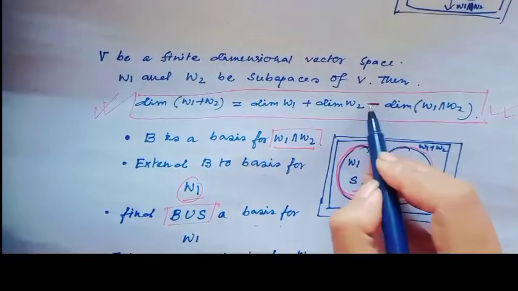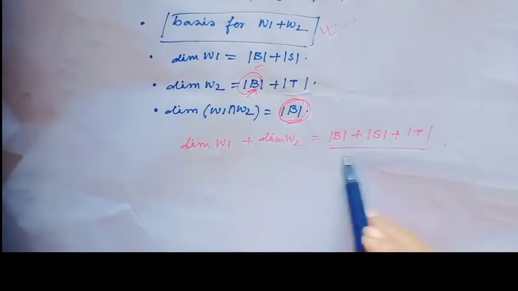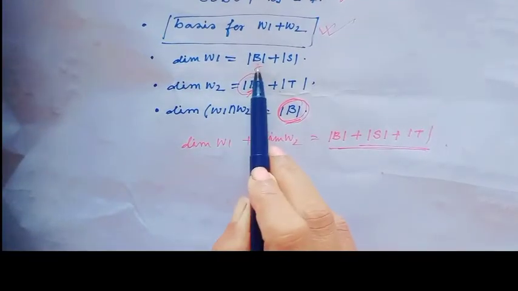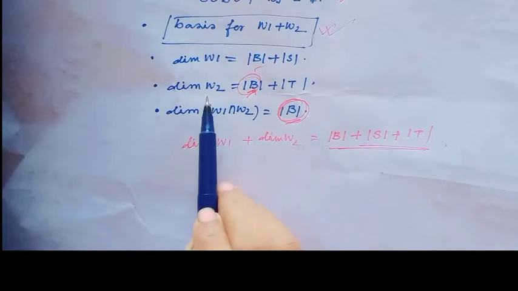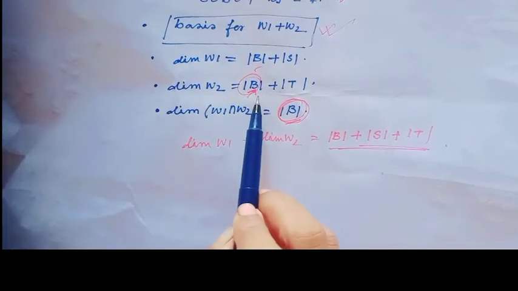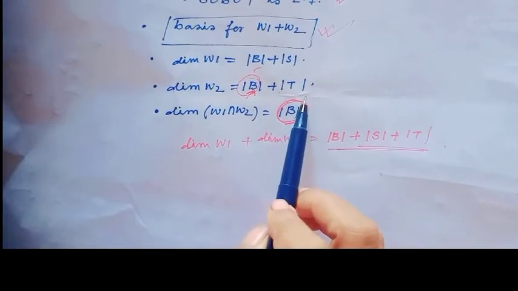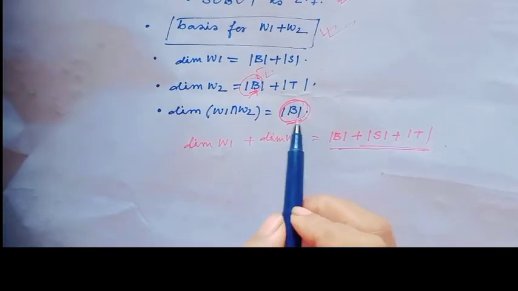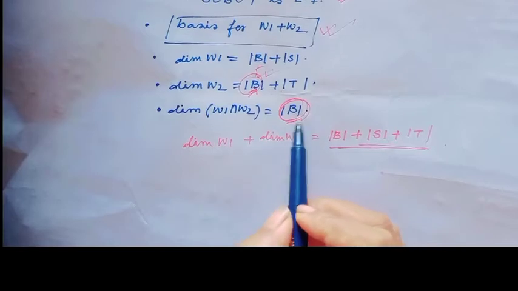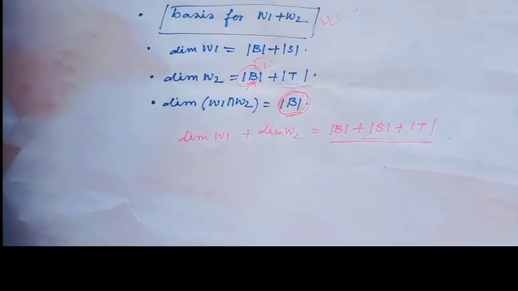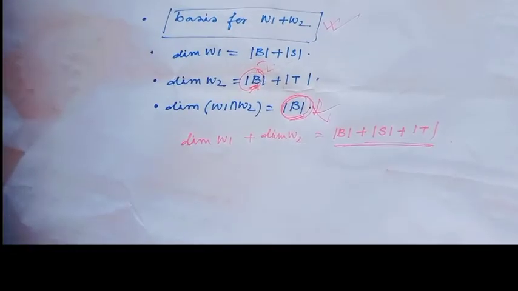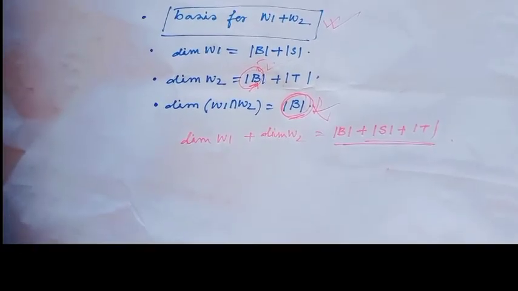Why is this minus used here? Because notice that dimension of W1 means dimension of B plus dimension of S, and dimension of W2 means dimension of B plus dimension of T, with an extra B. So here we have used minus dimension of W1 intersection W2, because this is the cardinality of the basis of W1 intersection W2.